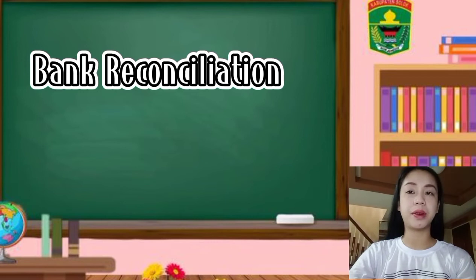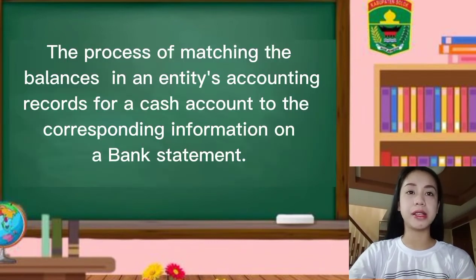When we say bank reconciliation, it is the process of matching the balances in an entity's account records for a cash account to the corresponding information in a bank statement. A bank reconciliation should be completed at regular intervals for all bank accounts to ensure that a company's cash records are correct.